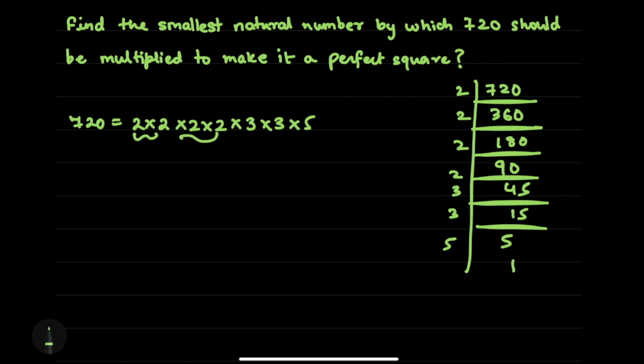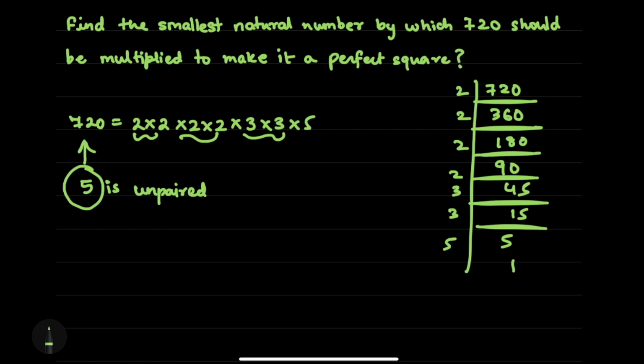So let's make the pairs. And here we see that 5 is unpaired. And therefore, if we multiply 5 to 720, then we will get a number that is a perfect square, because then we will be able to make a pair of 5.